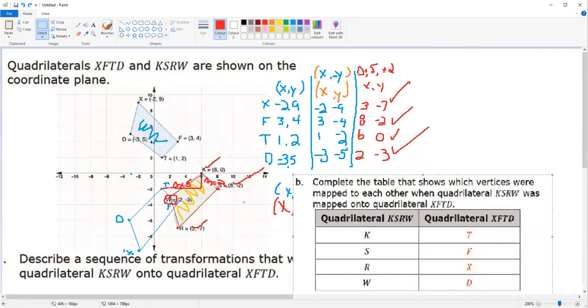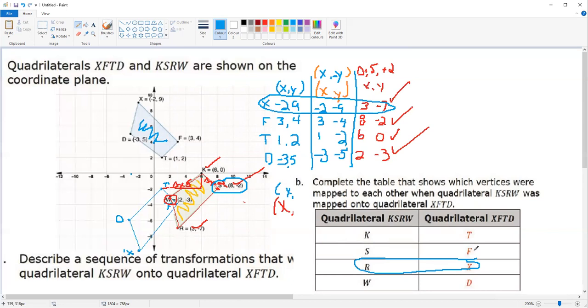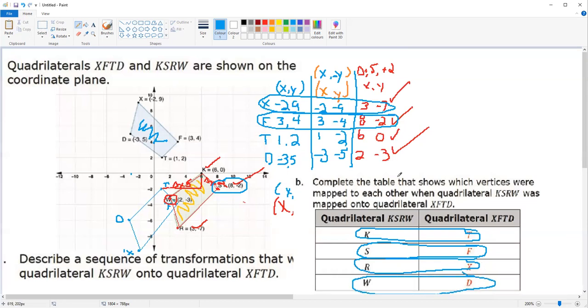Negative 3 here, and 7 lined up with X. You can see that 8 and negative 2 is S. And S lined up with F. You can see that 6 and 0 is K. And then lined up with T. And the last is W and D. So another reason why the table method is superior. A lot easier to pick data off it like that.